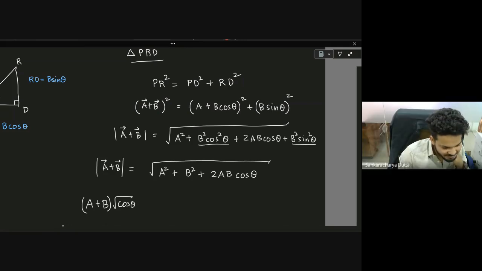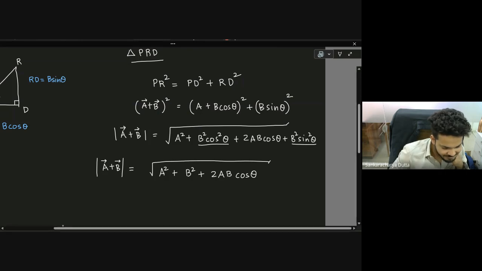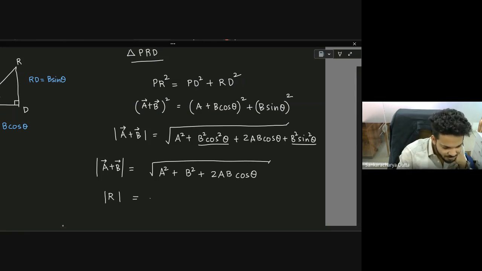No. This is the standard formula you have to memorize. Is this too difficult, guys? Why are you trying to simplify this? It's easy. Under root of A square plus B square plus twice of AB cos theta. That's it.